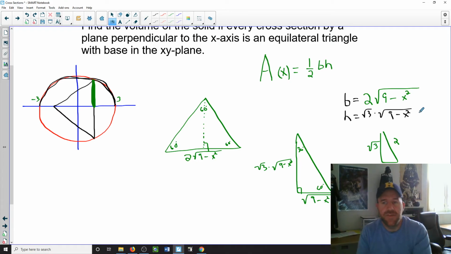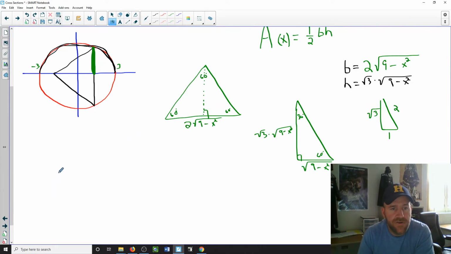Now I have all my variables known, so we can go ahead and set up the integral. We have 1/2 base times height for our area function. I'm going to take the 1/2 out front. Base times height, so we already have the b and the h, so just plug them in.